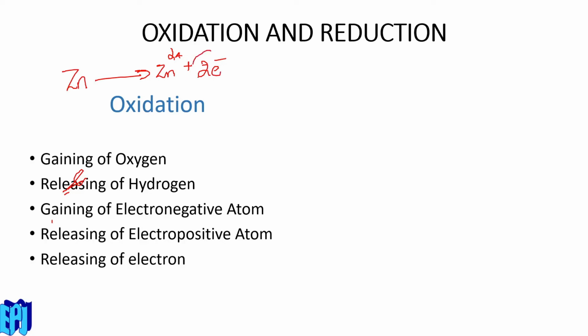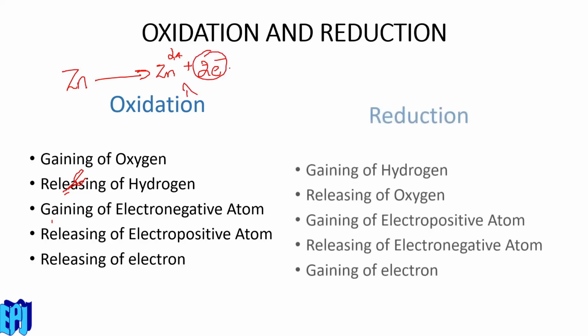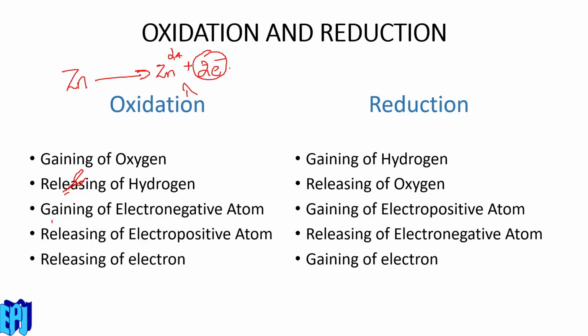Here the electrons are released, so we can consider this an example of oxidation. Then reduction is the definition just opposite. If the gaining of oxygen is oxidation, then here it is gaining of hydrogen. Releasing of hydrogen, releasing of oxygen. Gaining of electronegative atom, gaining of electropositive atom. Releasing of electropositive atom, here electronegative, just opposite to that. I think that you are all familiar with this from your higher secondary classes.